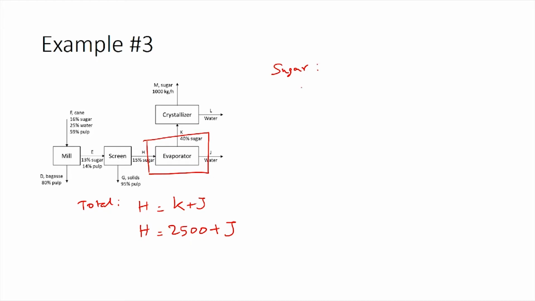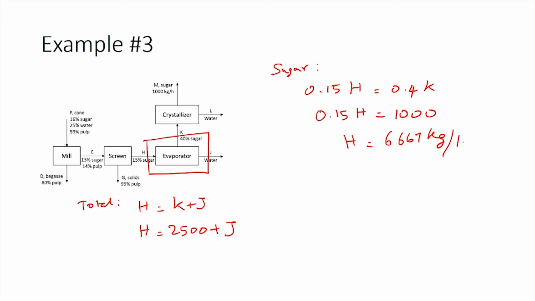So, the sugar balance would be 0.15 times H equals 0.4 times K. So, this would mean 0.15 H equals 1000, giving you a value for H as 6667 kilograms per hour.